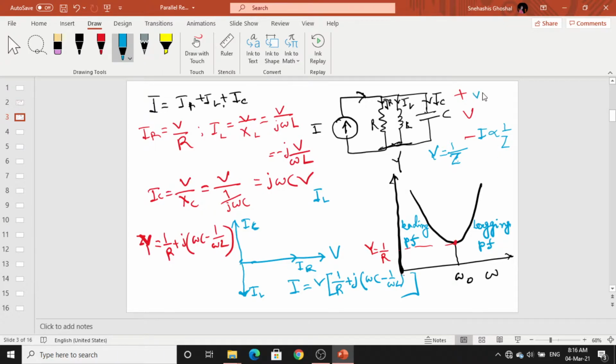See, if you follow Ohm's law, V equal to IZ. In case of AC circuit, instead of V equal to IR, we write V equal to IZ. Or in other words, V Y equal to I. Clear?